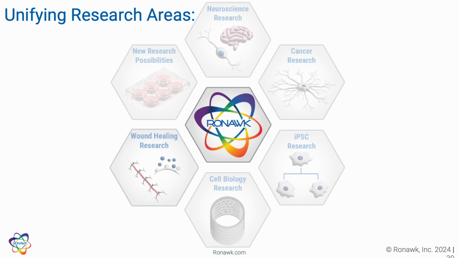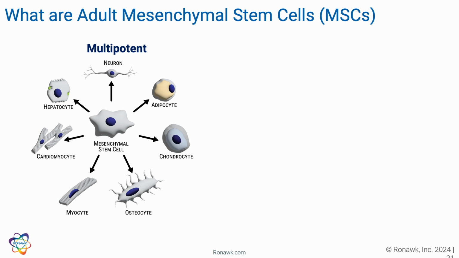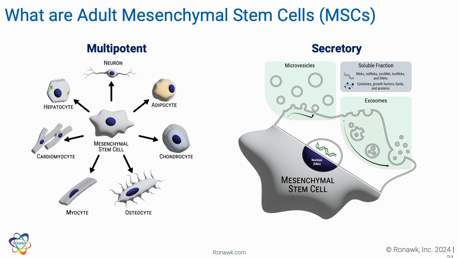And the last research area that I want to mention here, because we have been collecting lots and lots of data, is in the wound healing research aspect. I know I've been talking a lot about mesenchymal stem cells, and you probably know a lot about them, but in this area of research, I want to mainly focus on their secretory abilities.